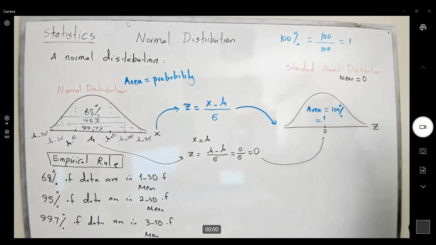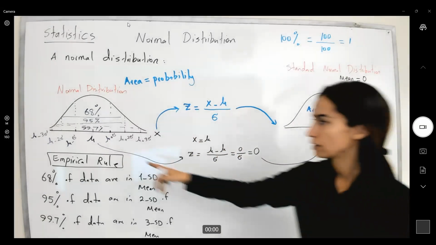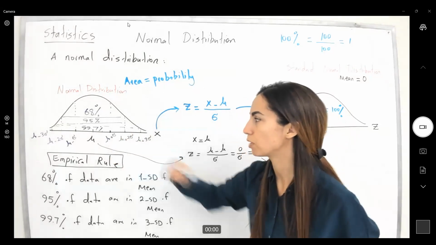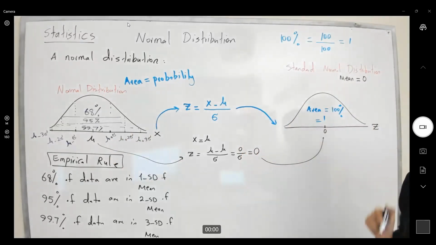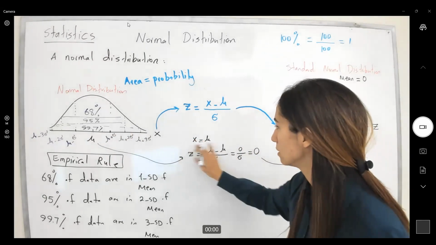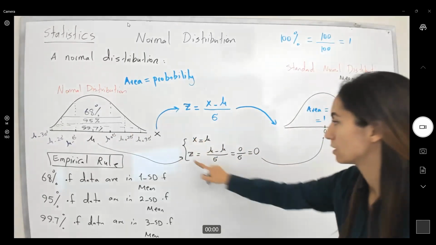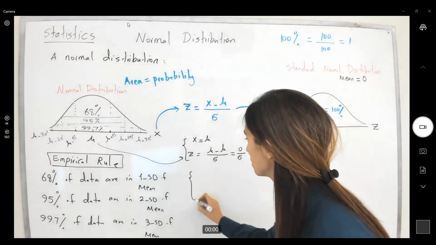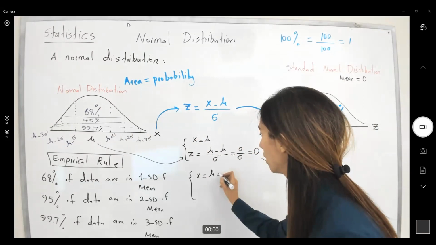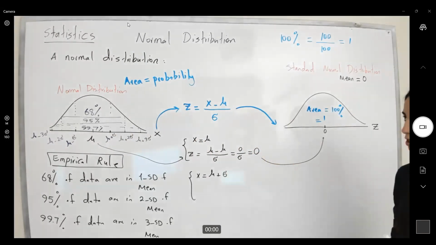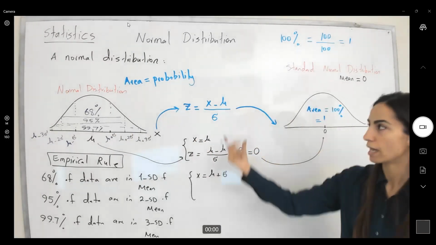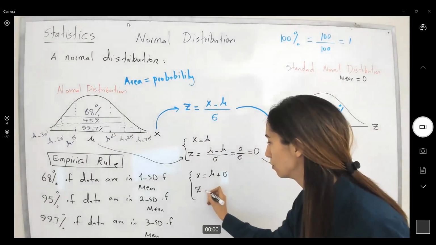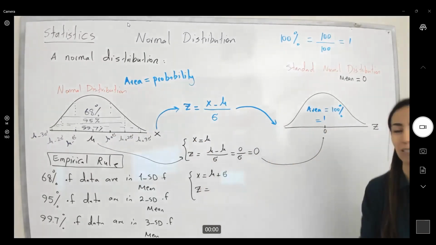Very good. The next x value that I'm going to use is mu plus sigma. For x equals the mean, z is 0. Now if x is equal to mu plus 1 standard deviation, and I plug this x into this machine, what is the value of z?